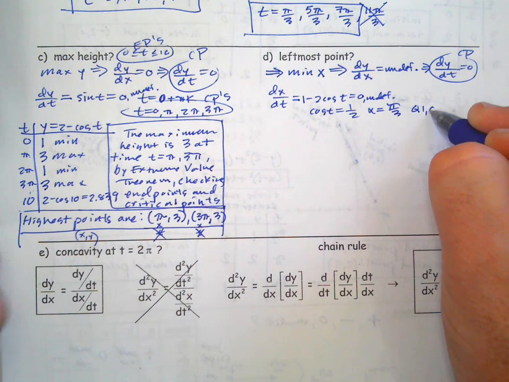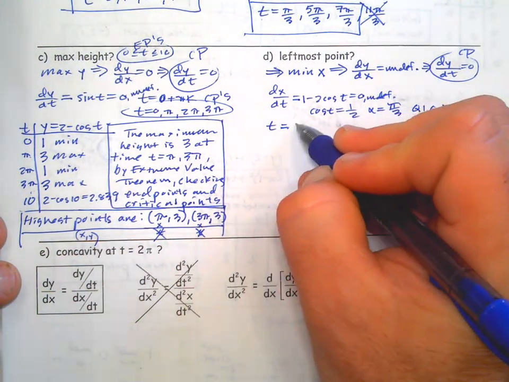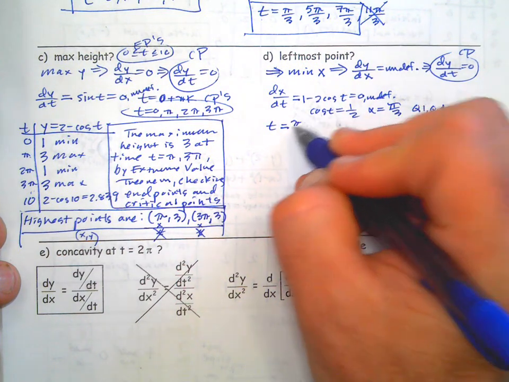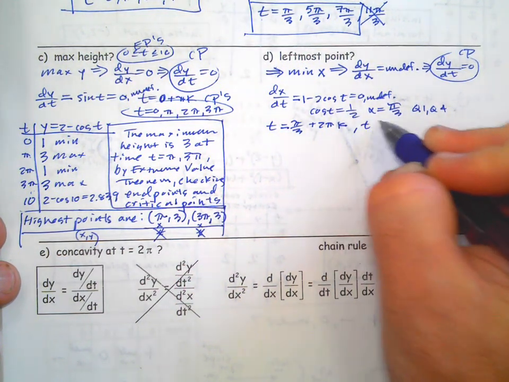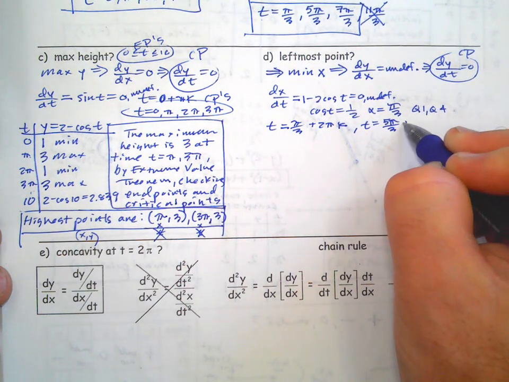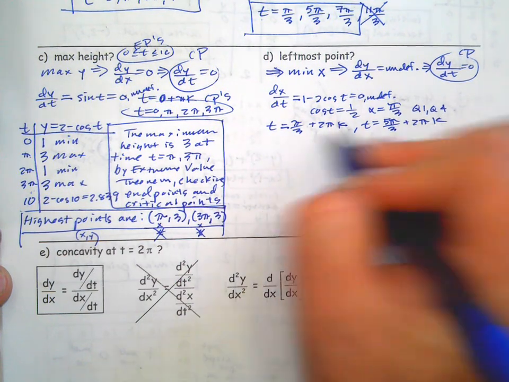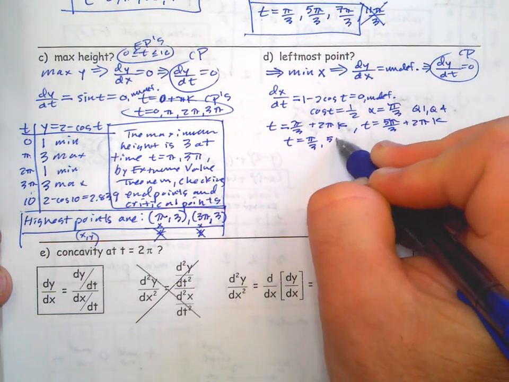Quadrants 1 and 4. So t is going to equal pi over 3 plus 2 pi k, and t is going to equal 5 pi over 3 plus 2 pi k. So the critical points are going to be pi over 3, 5 pi over 3.